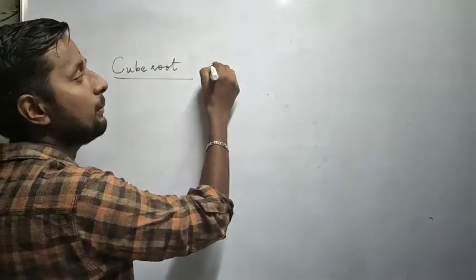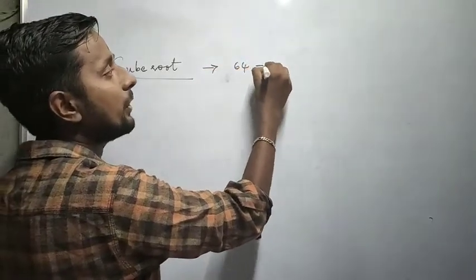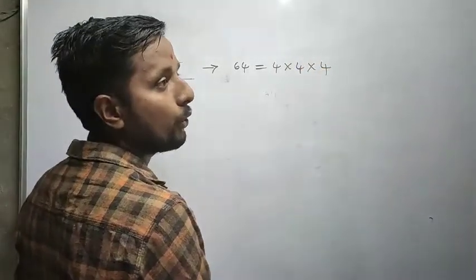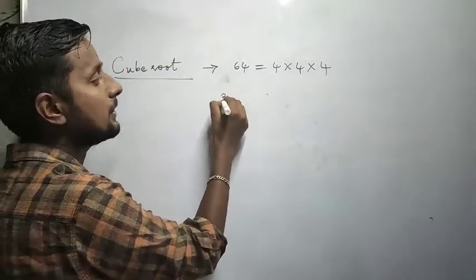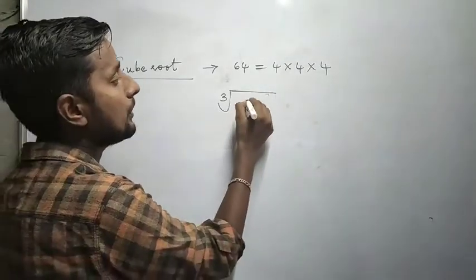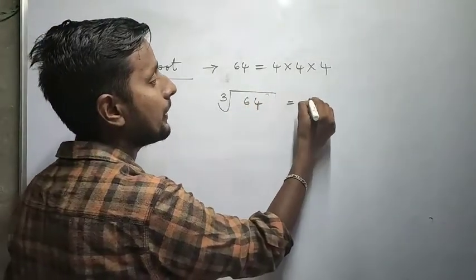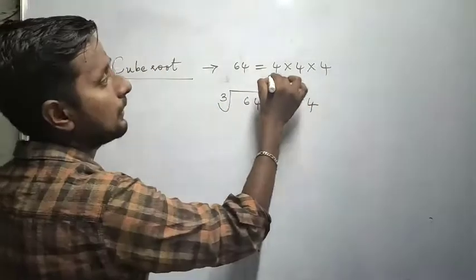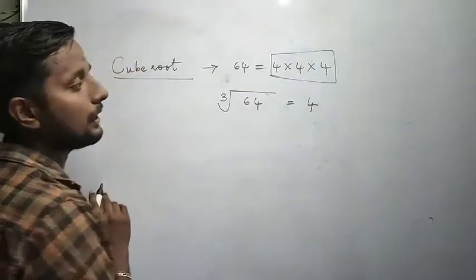For example, same in reverse, 64 you can express as 4 into 4 into 4. Now the cube root is nothing but a root with 3. So, cube root of 64 we can write as 4. The three numbers we write as a single one.